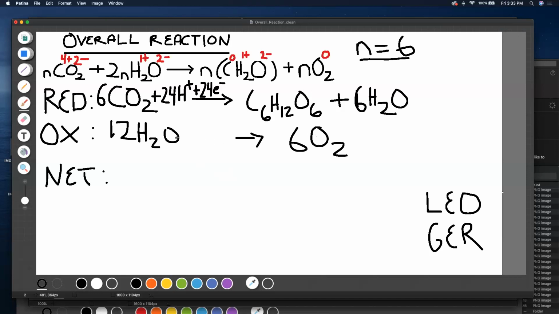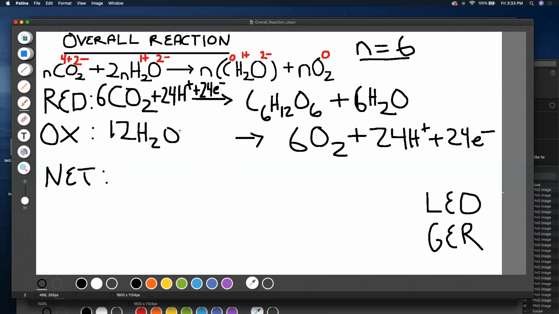And now we have 12 oxygen on this side, 12 oxygen on this side, but we don't have 24 hydrogens, so you add 24. And the charges on both these are 0, so you don't have to worry about that. So add in your 24 hydrogens, and both sides are balanced.